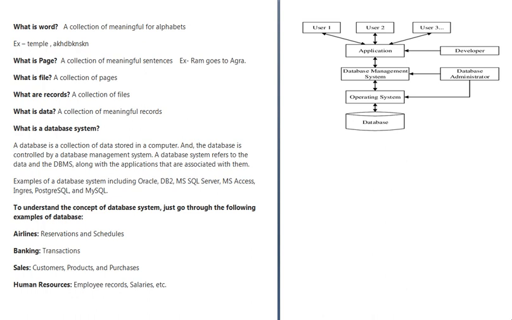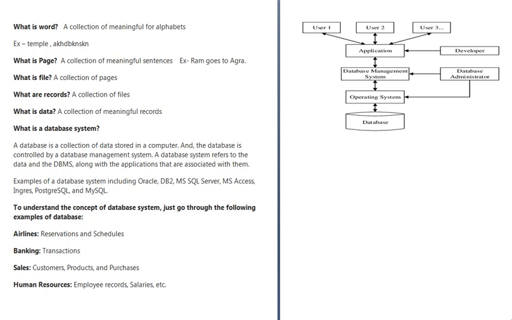First, forget about the database system or data for now. Just imagine a library or any books. So what is a word? A word is basically a collection of meaningful alphabets.